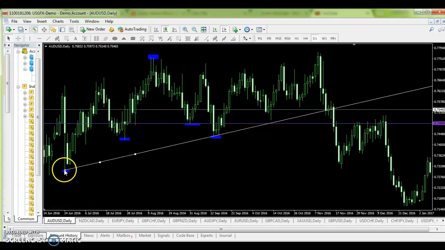Therefore, I choose the previous pivot point, right? So I've made this trend line because I presume that it may be a sell order, that the market may be in a selling position. I don't know, because I have just exited on this point and this wouldn't happen.